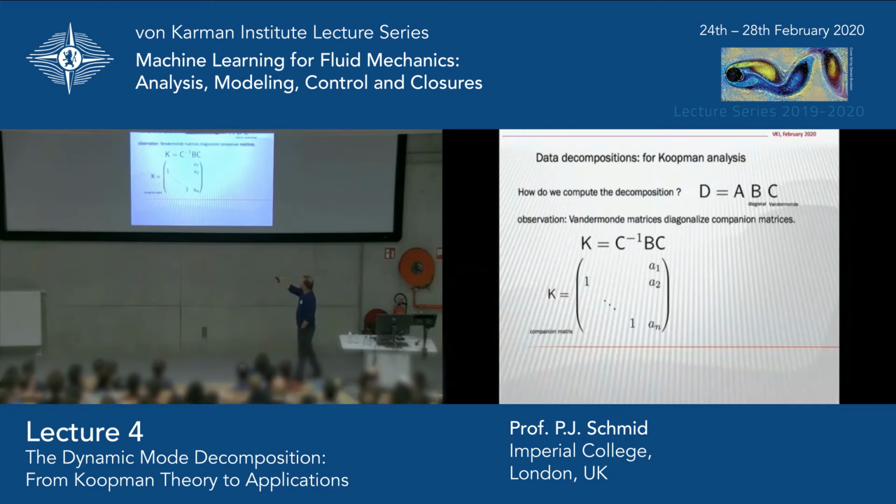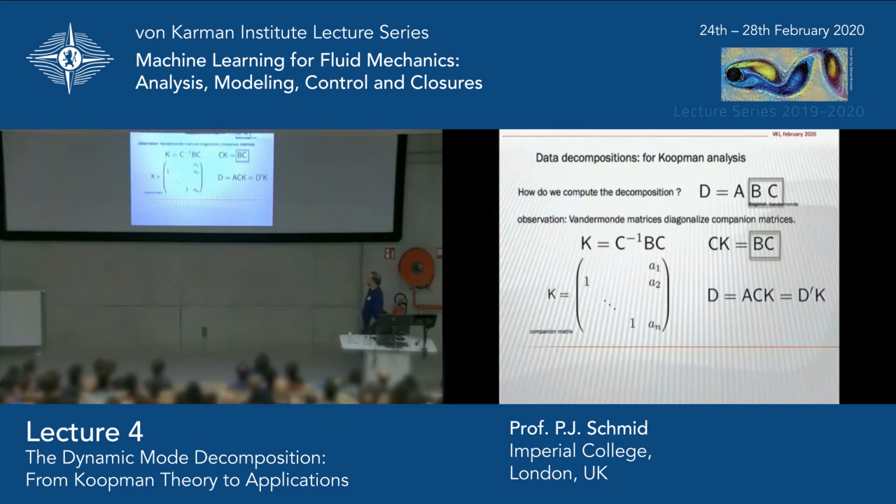Now, let's continue up here. B times C, diagonal times Vandermonde, can now be written as C times K. I just bring C over to the other side and replace the BC here by the CK. So now my decomposition looks like A times C times K, where C is Vandermonde and K is companion.